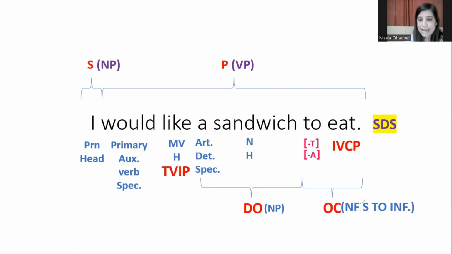Okay. I would like a sandwich for what? To eat. Yes. So an option could be that this is an objective complement. Why? Because it adds essential information about the object. Yes. And it has the category of a non-finite clause to infinitive. Yes. So we get inside the clause to analyze it.